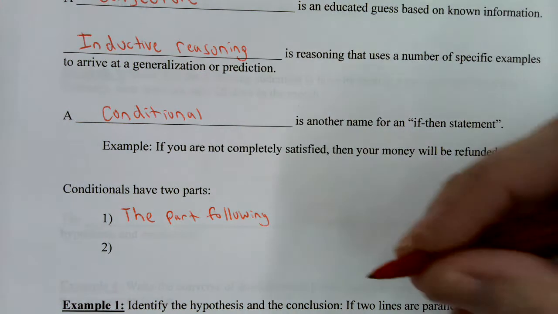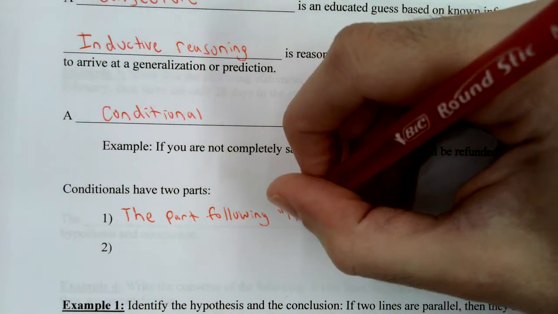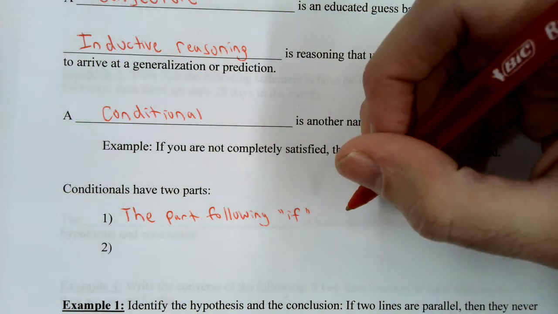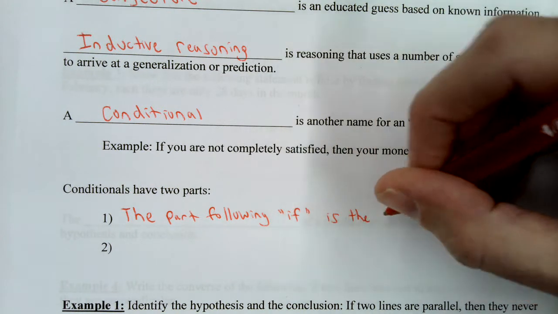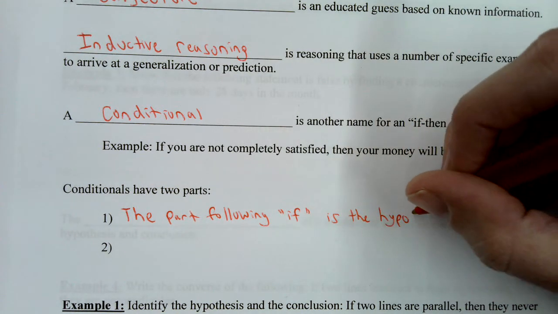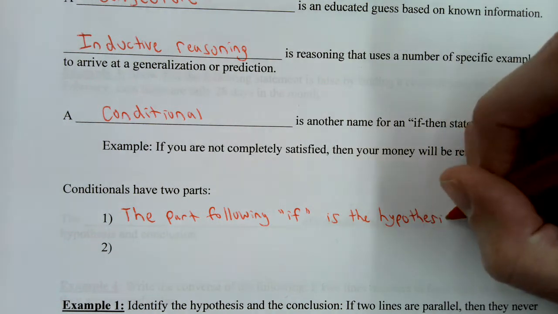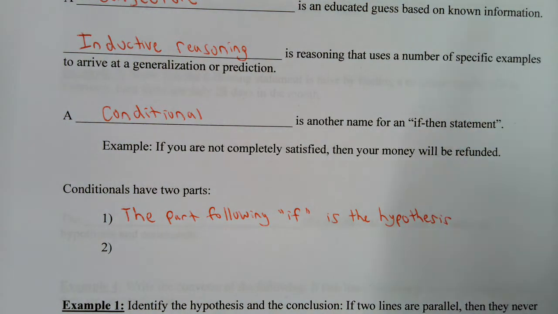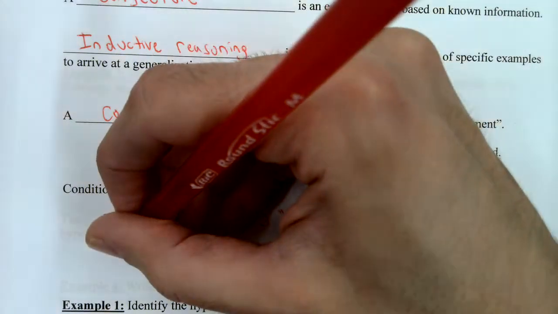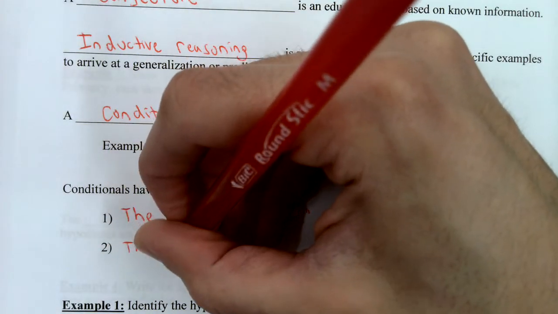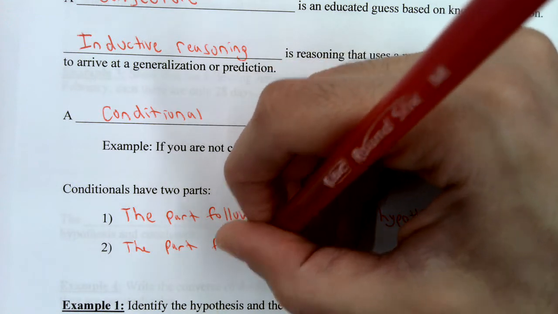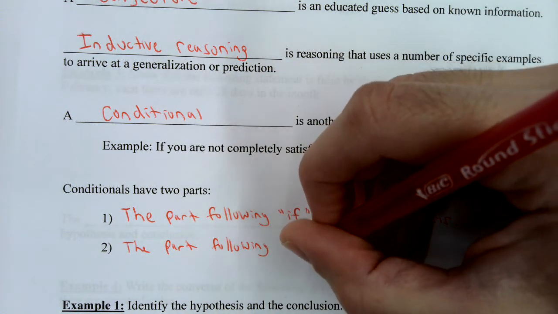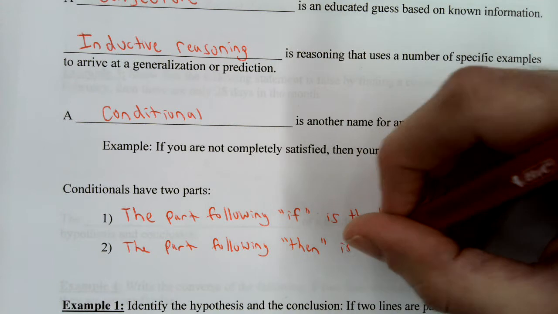I'm going to say the part following if is called the hypothesis. And then the part following the word then is called the conclusion.